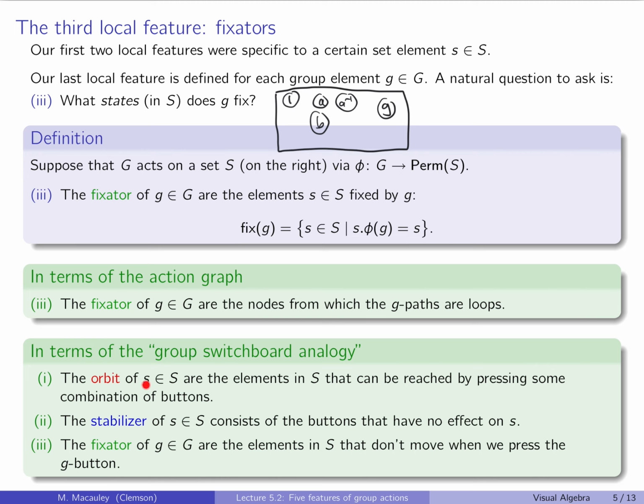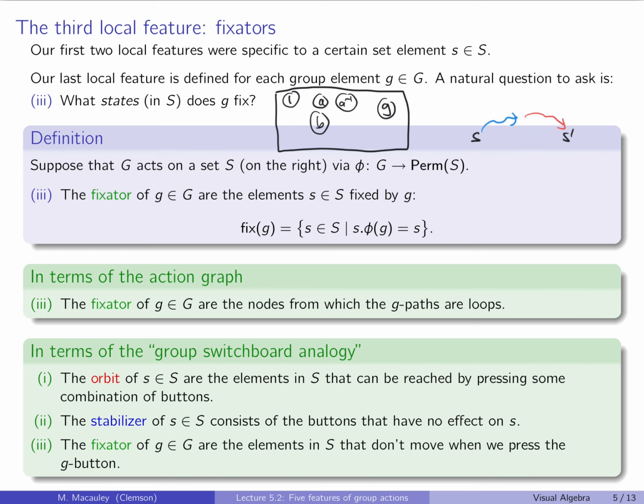The orbit of a set element s are the elements in S that can be reached by pressing some combination of buttons. So we have some little s here, and if s prime is in the orbit, that means there's some way to get from s to s prime by pressing some buttons. The stabilizer of s consists of the buttons that have no effect on it.